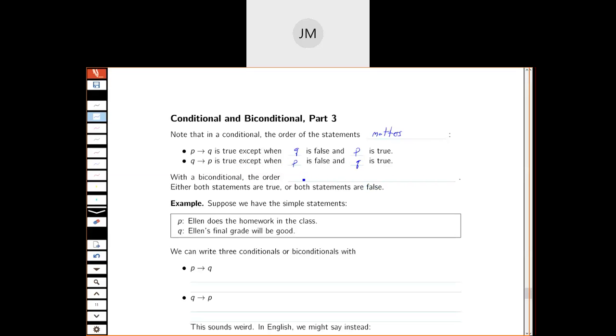With a biconditional, the order does not matter. When the biconditional is true, that means that both statements are true or both statements are false. It doesn't matter which one comes first.